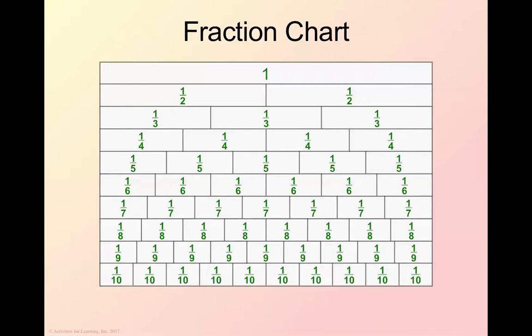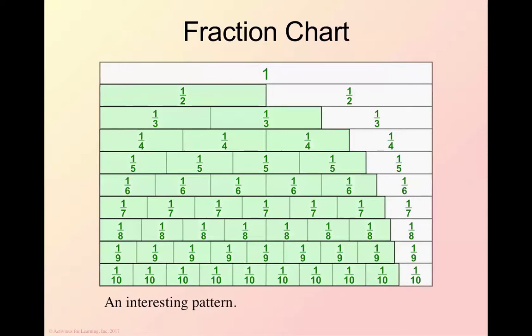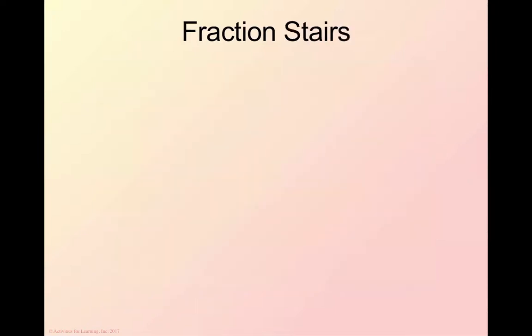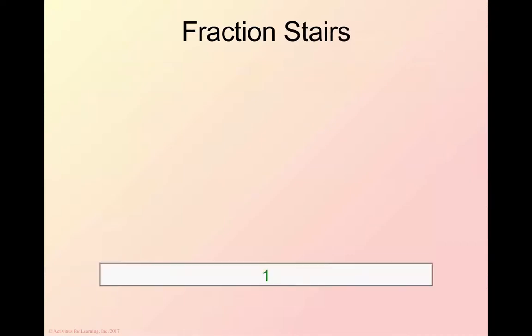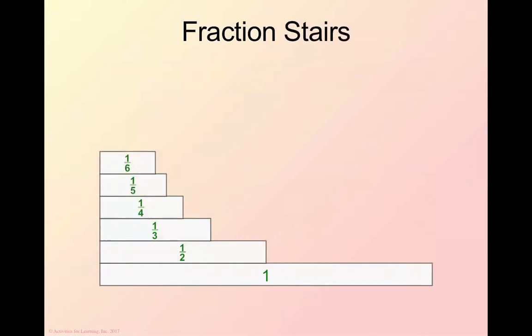Have the kids play around with them. Here's an interesting pattern where I've got 1/2, 2/3, 3/4, 4/5, 5/6. We've got this curve. Again, have the children play around with it and build the fraction stairs. Here I've got 1/2, 3rd, 4th, 5th, 6th, 7th, 8th, 9th, and 10th. Can you imagine what 1/11th would look like, and 1/12th, and 1/13th?